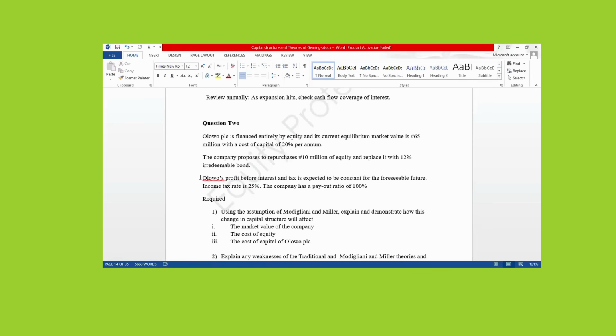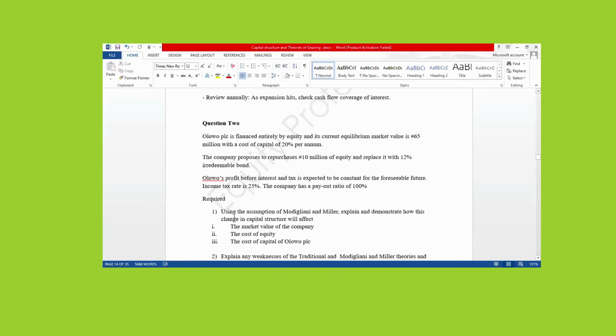Income tax rate is 25%. That means there is taxation. There is taxation in the economy. The company has a payout ratio of 100%.